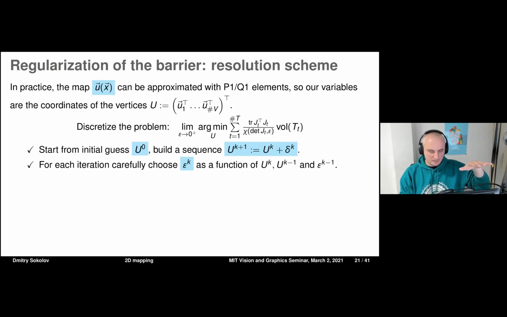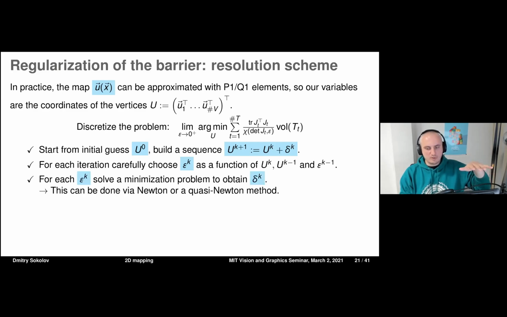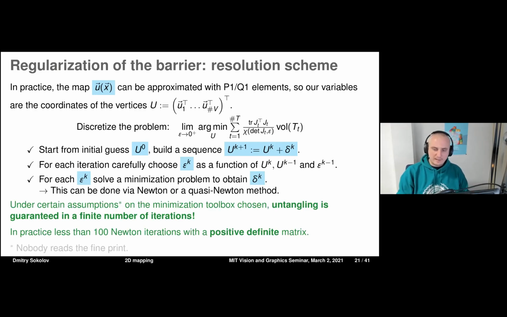And we solve a minimization problem for each given regularization epsilon k, and this can be done via Newton or quasi-Newton method. We have proven that an idealized minimization algorithm can untangle any mesh, well, if the solution exists, in a finite number of iterations. In practice, we witness less than 100 Newton iterations with a positive definite matrix.